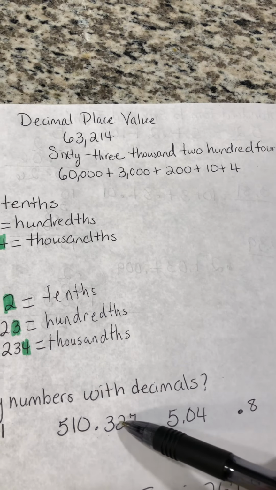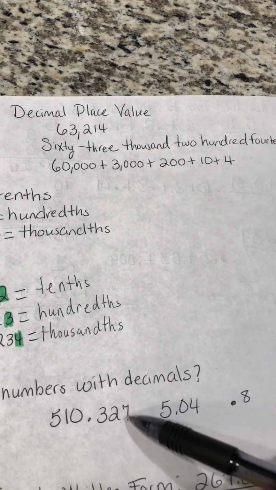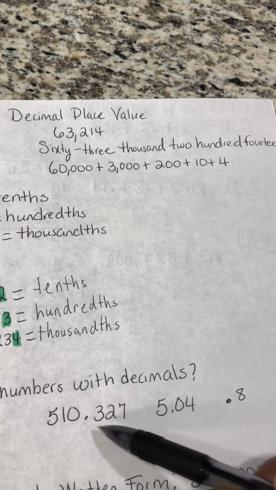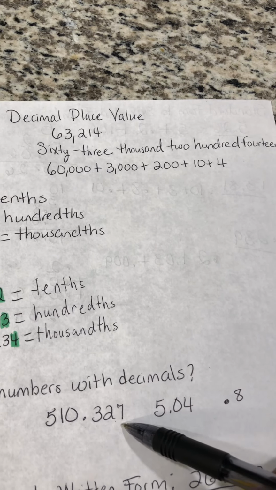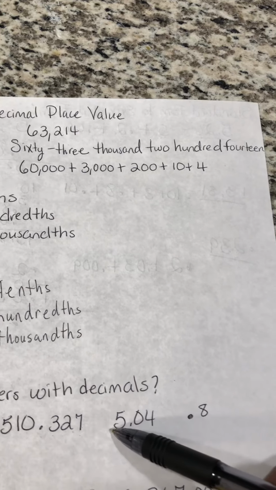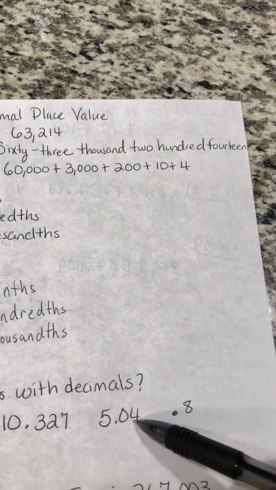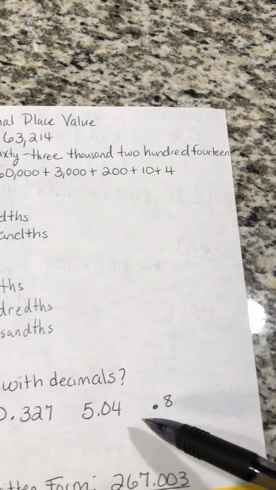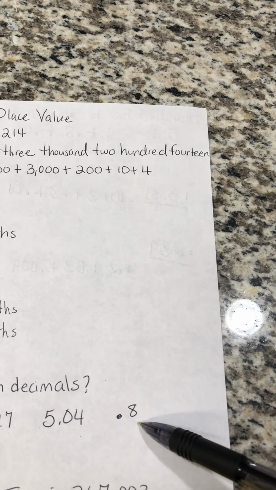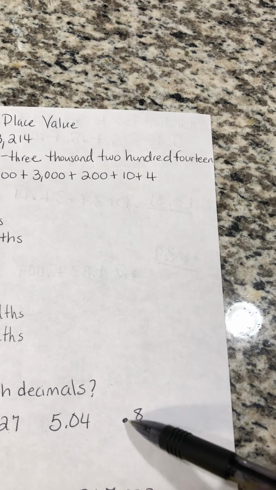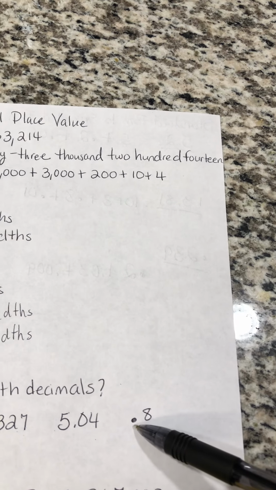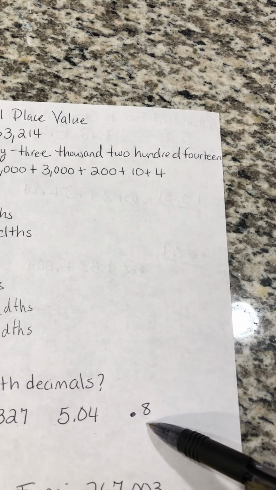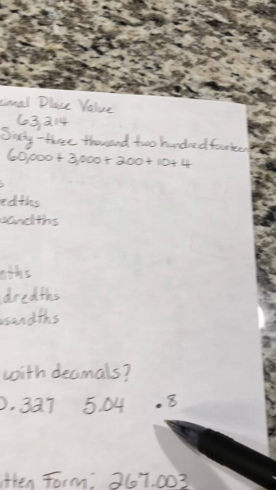Okay, I want to point out whatever is the last number or whatever place it is in is the number you will say at the end of saying this whole number. Okay. Over here we have 5 and 4 hundredths because the 4 is in the hundredths place. 8 tenths. Okay. Notice there's no other numbers around it, but it is the first number to the right of the decimal, and that is the tenths place. So again, 8 tenths.